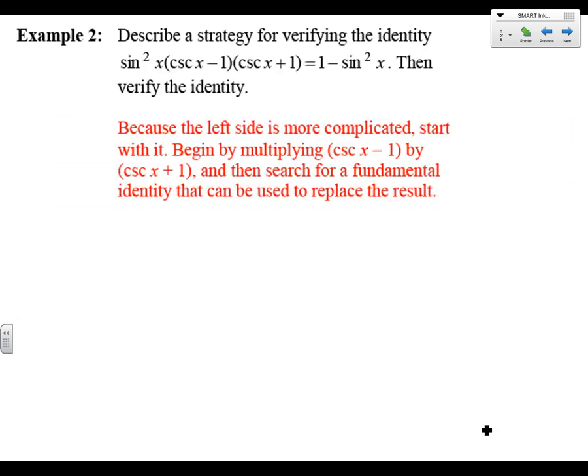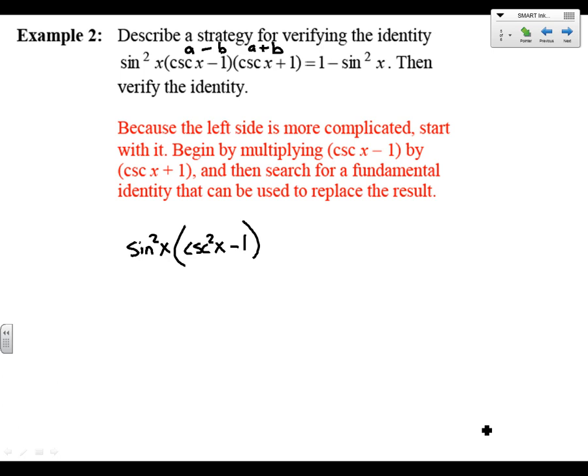When we look at cosecant of x minus 1 plus 1, this looks an awfully lot like a minus b, a plus b. That factors quite nicely into cosecant squared minus 1 squared, or just 1. All right, we're going to leave the right side alone.